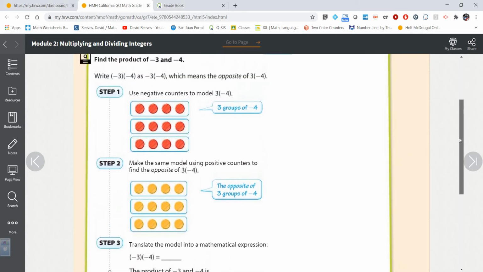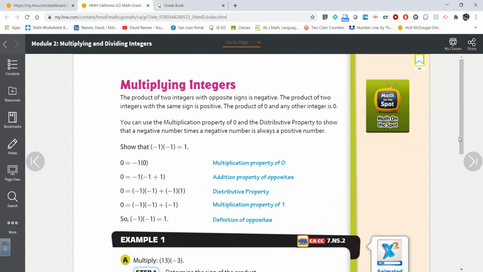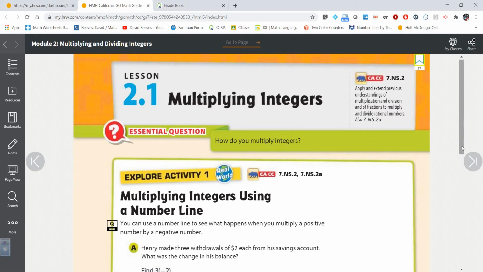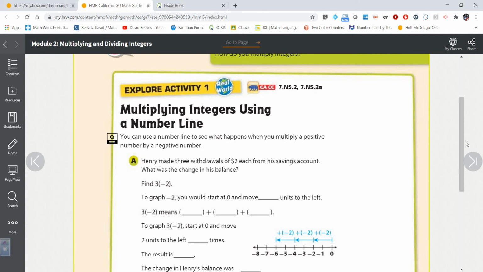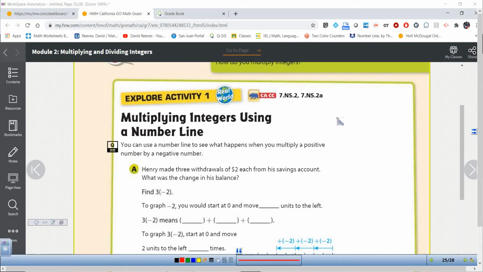Now, when you want to represent a negative times a negative, that's where it gets tricky. Let me go back to this very first page to write this down. This is an important idea.